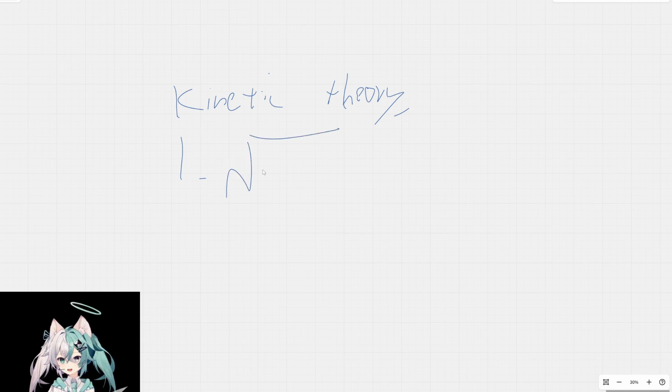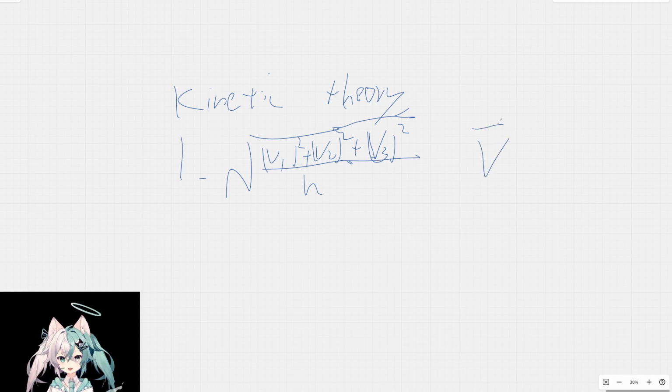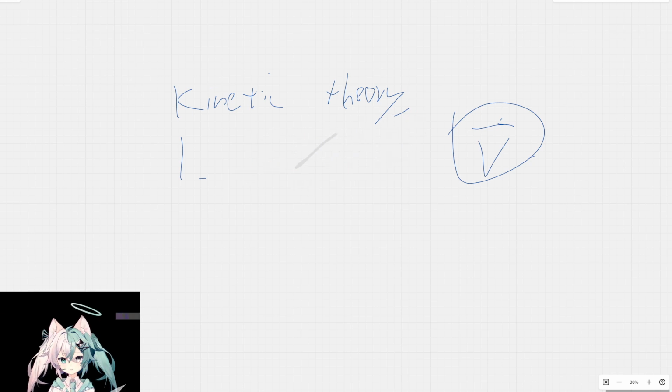So we can write it in this form, like this. The root mean squared speed. It's technically not the same as the average speed or velocity.